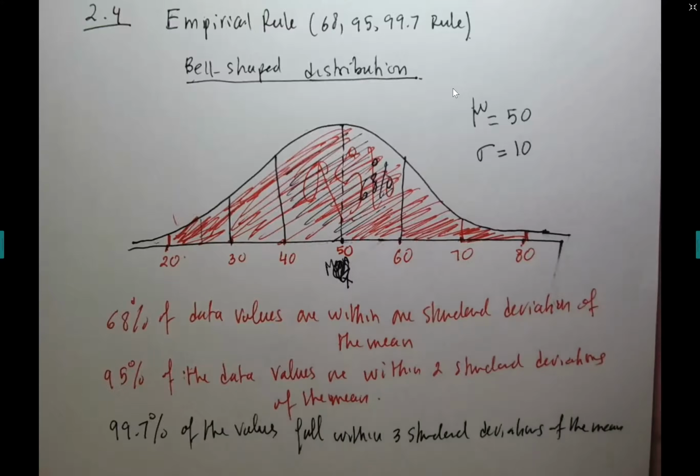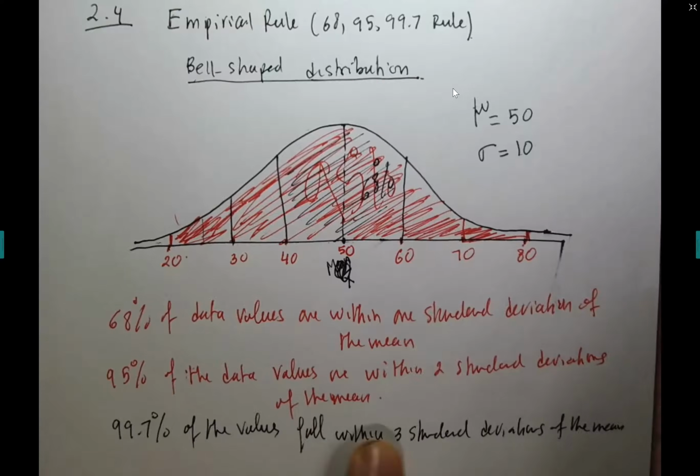So in real life, guys, it's rare to find anything that goes beyond three standard deviations of the mean. That will be too extreme, just to happen. It's not going to happen. That's why we can capture 99.7% of the values by going only three standard deviations. We don't talk about 4 or 5 standard deviations because that doesn't exist in real life.